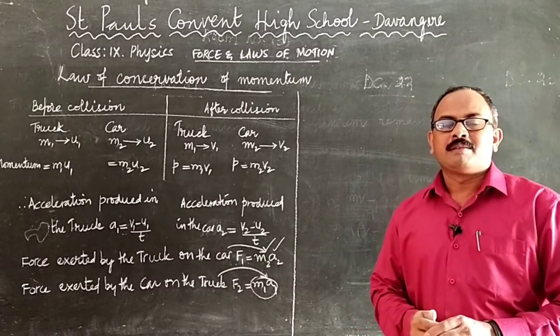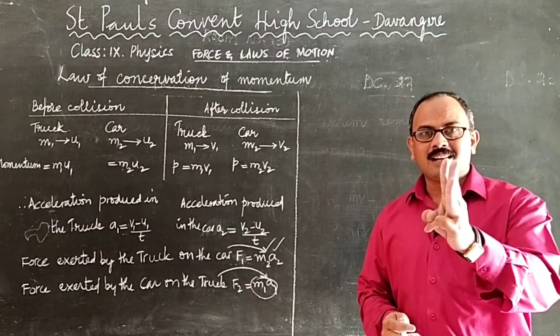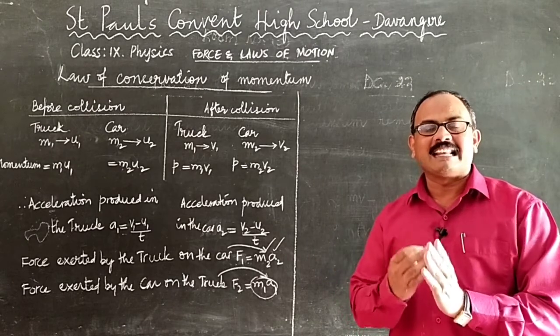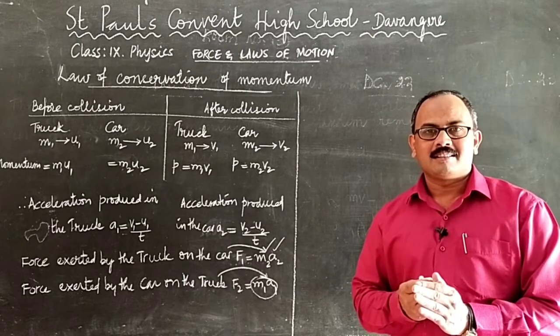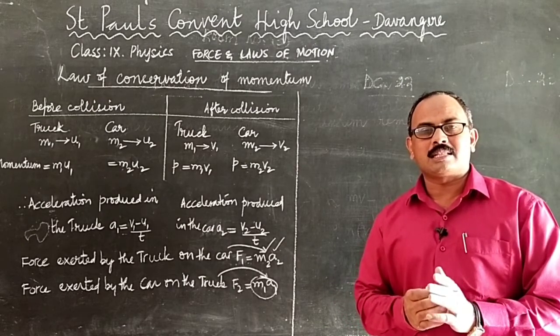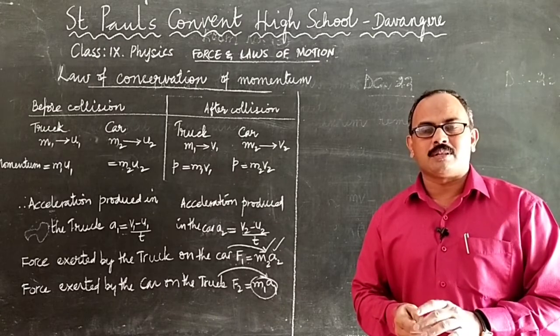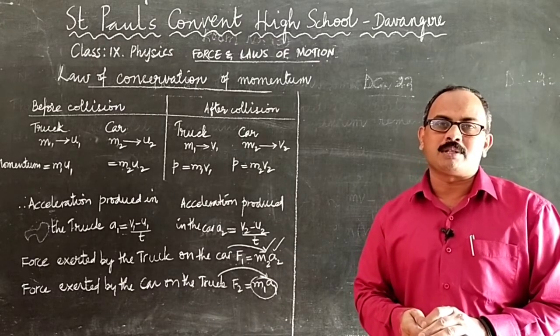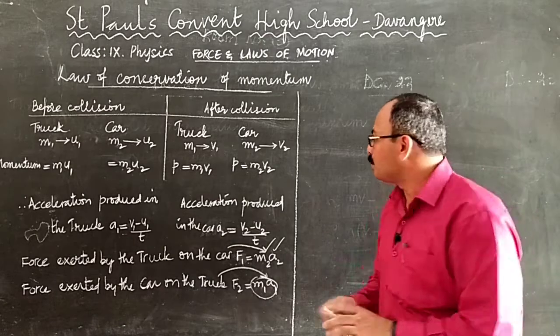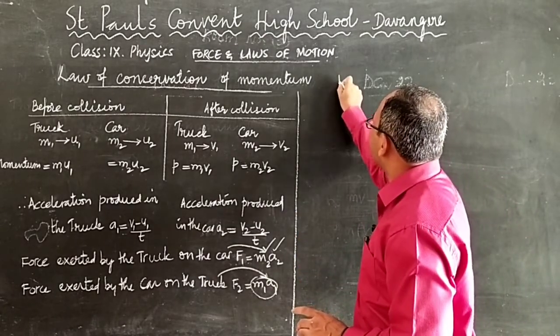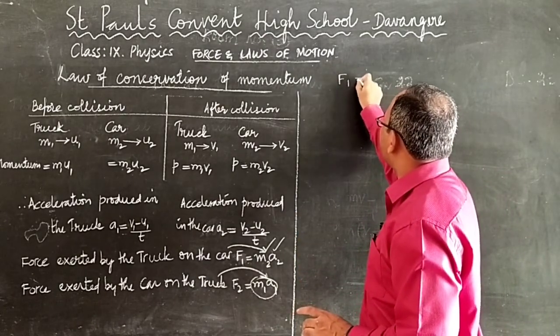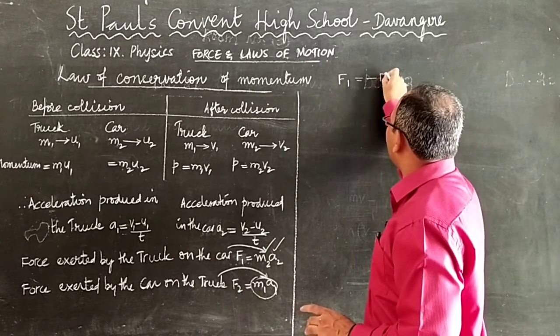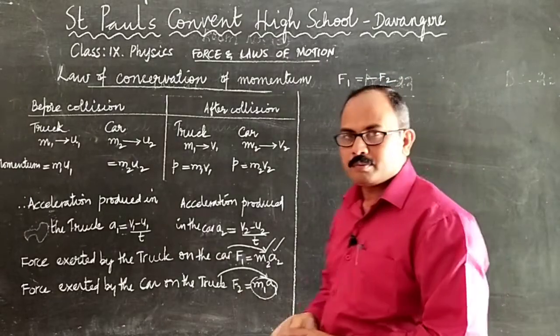Now, we come to the third law of motion. See how many links are there. We know that the third law states, for every action, there is an equal and opposite reaction. Therefore, children, F1 will be equal to minus F2.